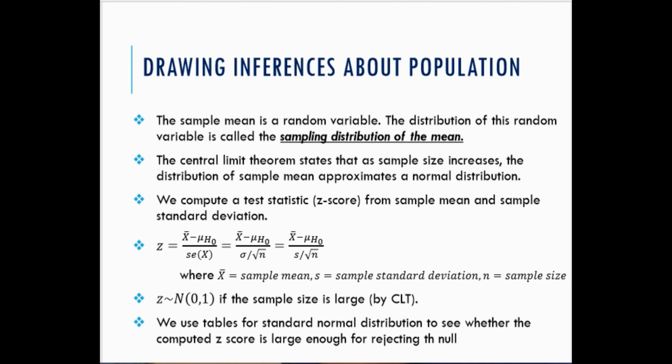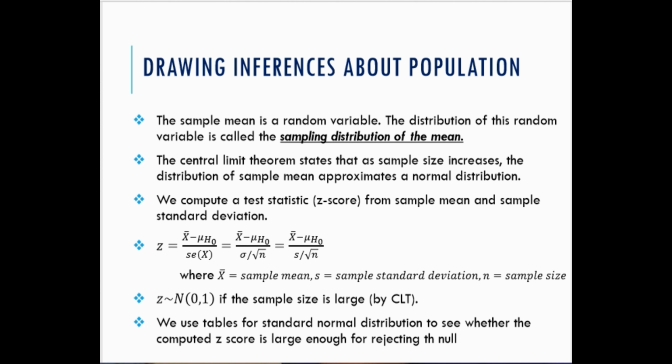Now, how do you draw inferences about the population? We have discussed the sampling distribution of the mean. Since we cannot get data for the entire population, we try to make inferences about the population by getting a particular sample.